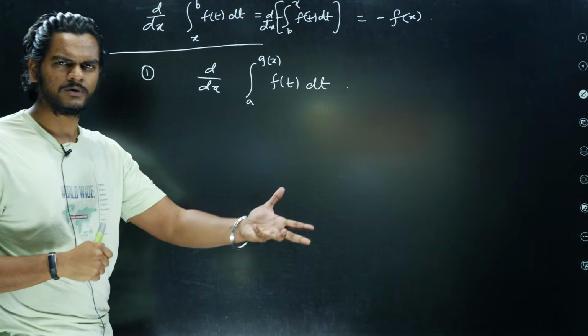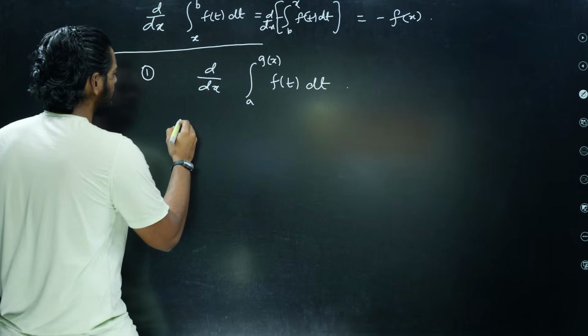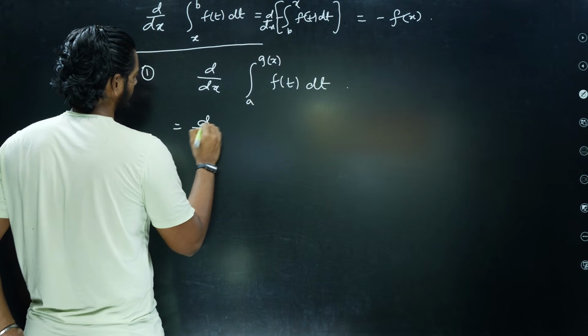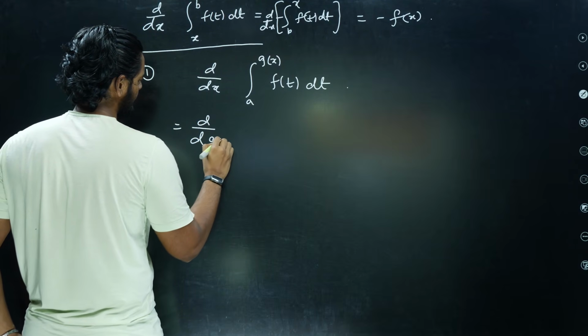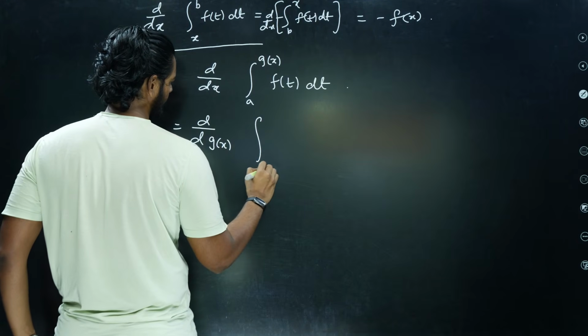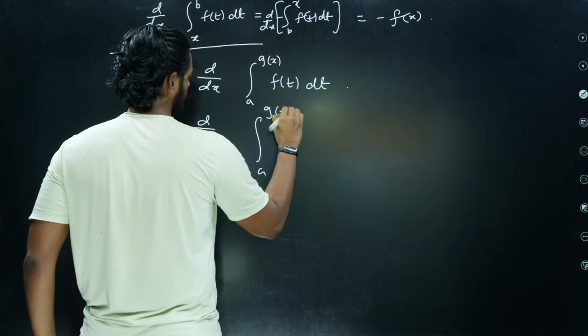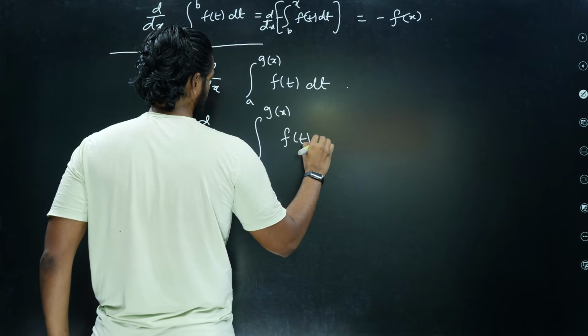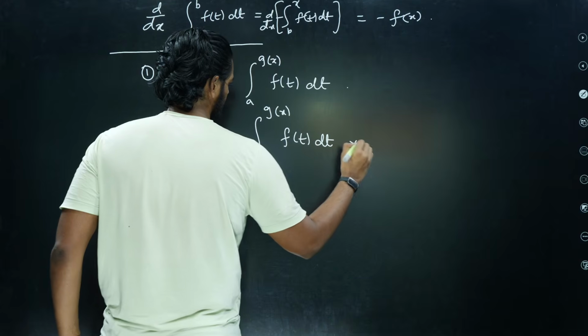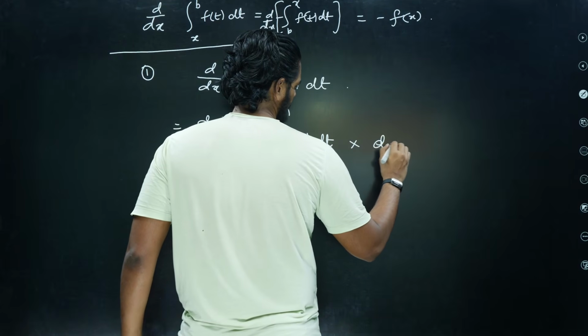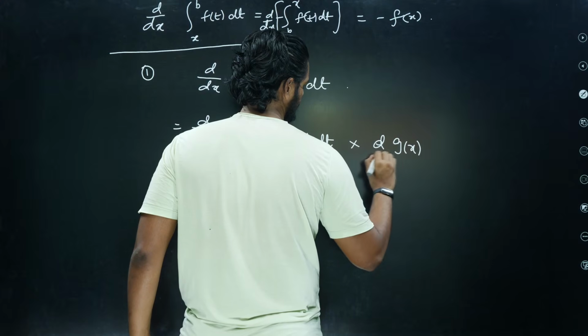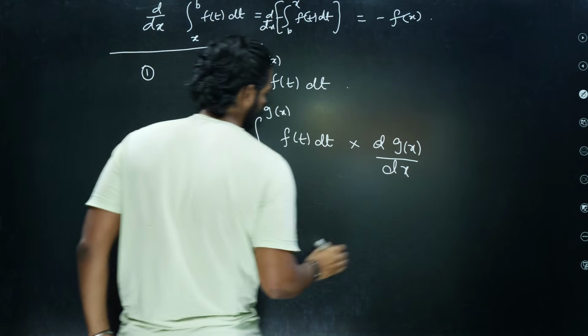We will use chain rule, very easy. So this is equal to, if I use chain rule, first I differentiate with respect to g of x of this function, into the differential of g of x.